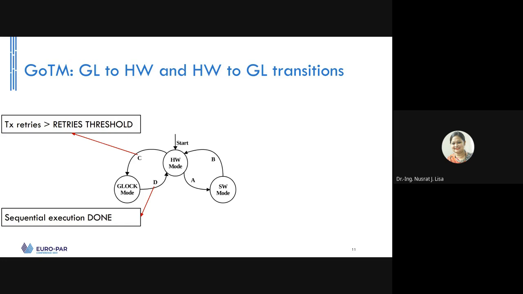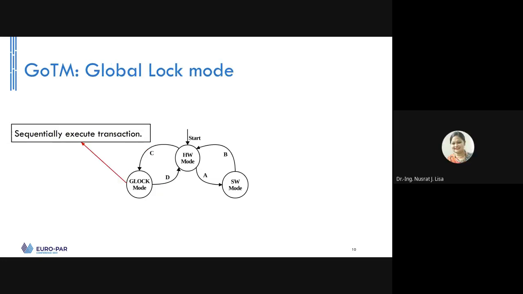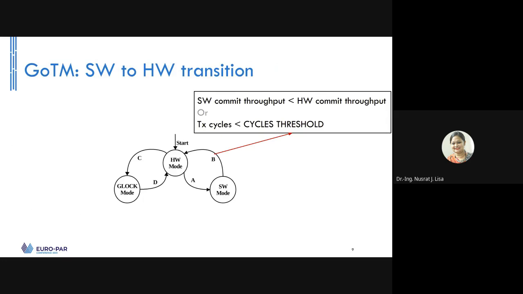You are measuring some throughput, as you said in your previous slide. So my question is, all these things you are measuring, hardware throughput, software throughput, all these switchings are happening during runtime, right?